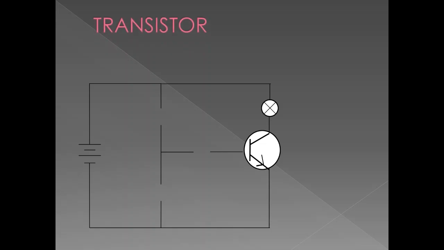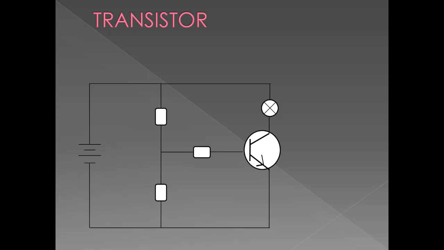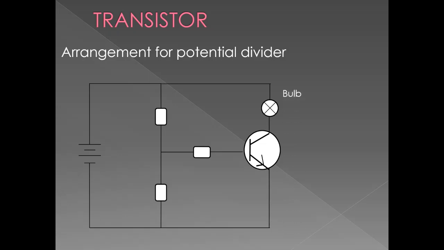To make it clearer, here is the arrangement of the simple circuit when you use the transistor as an automatic switch, whereby we add another resistor, this R1, to form the potential divider.